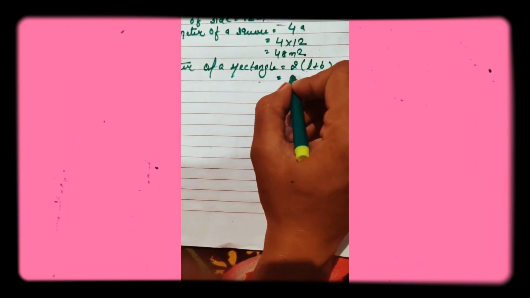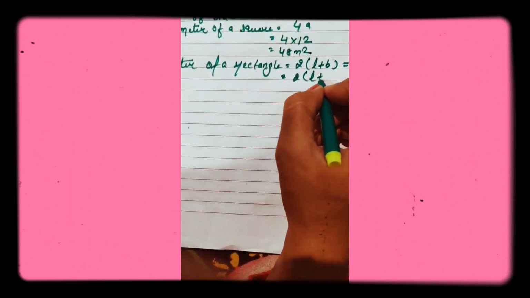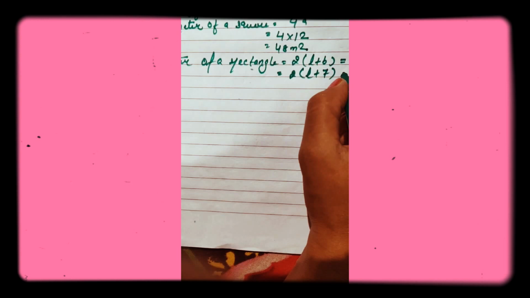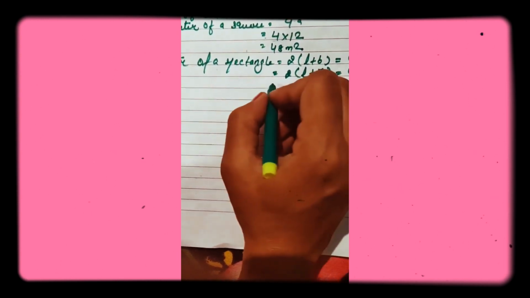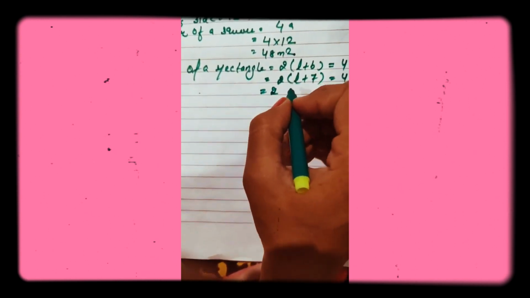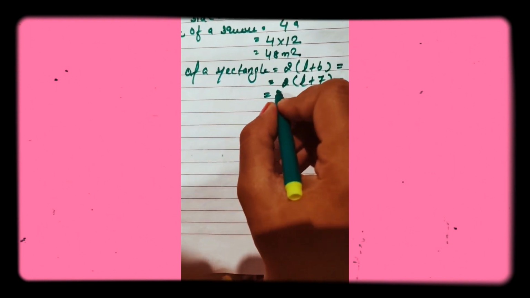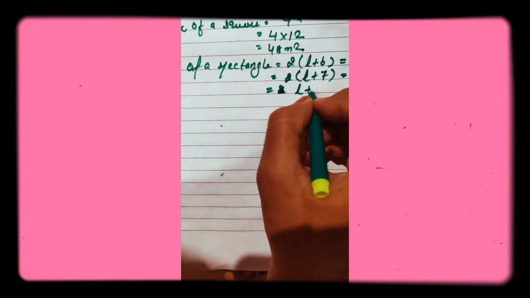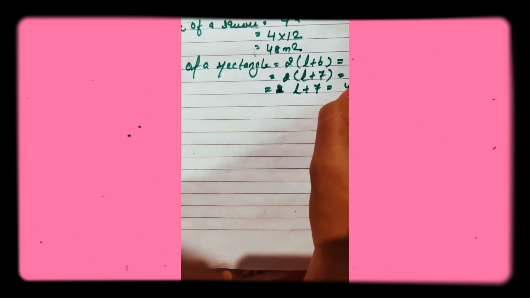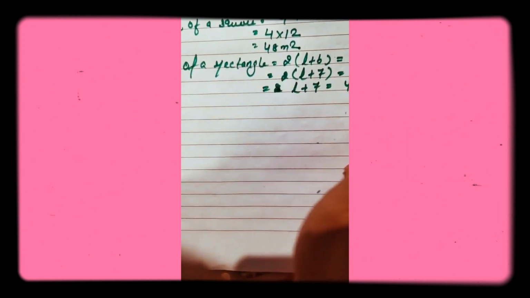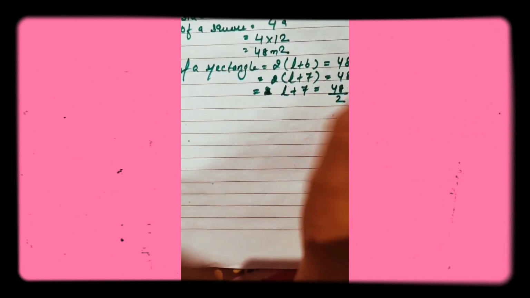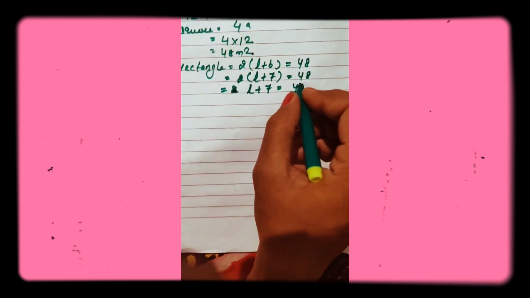Okay. Length is not given, breadth is given 7. So we have to put here breadth. 2 into L plus 7 equal to 48, and this 2 will be coming down. In 2 table 48 cut?